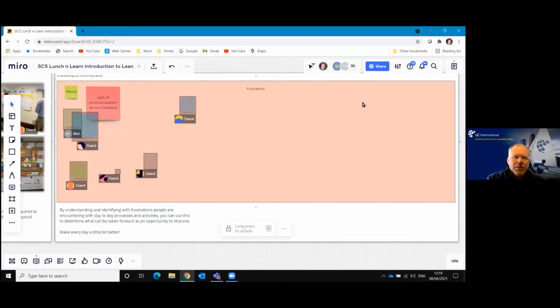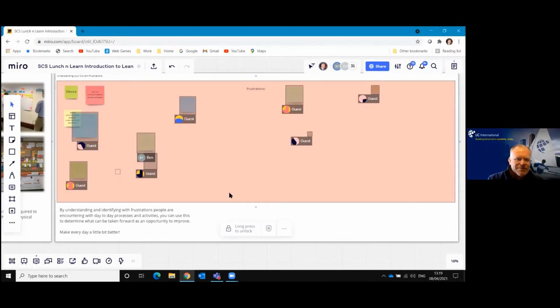To type into your board as you select your post-it note, if you double click the post-it note or shape you add in there, it will add the text for you. So I'm going to copy this one across now. So lack of ambition.